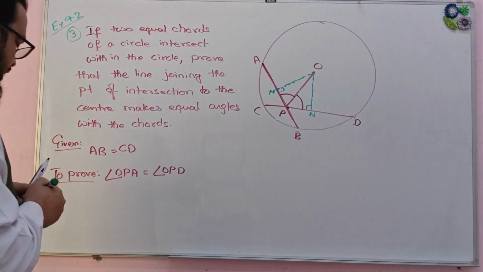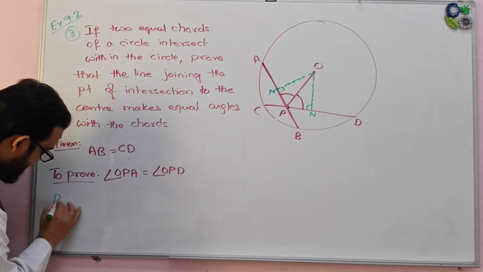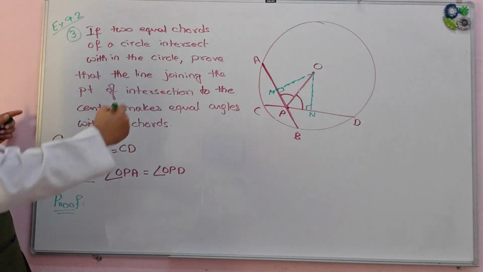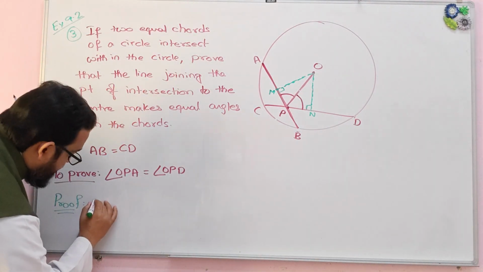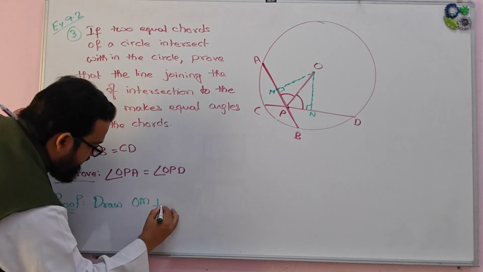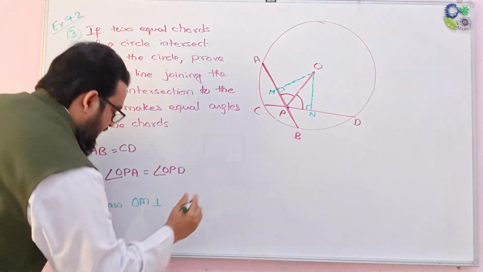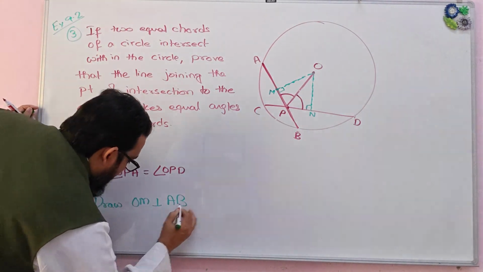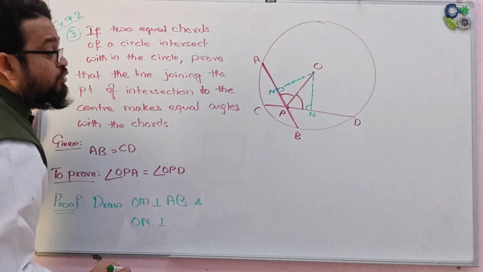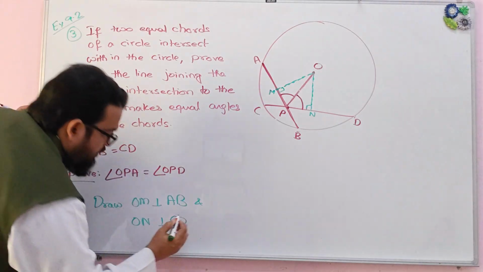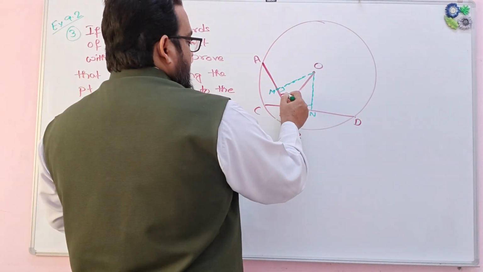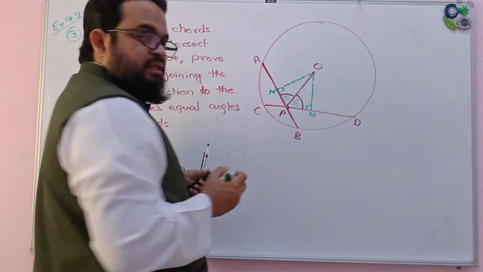So what did we do? First, in proof, draw OM perpendicular to chord AB and ON perpendicular to CD. Now I have to prove that these two angles are equal.